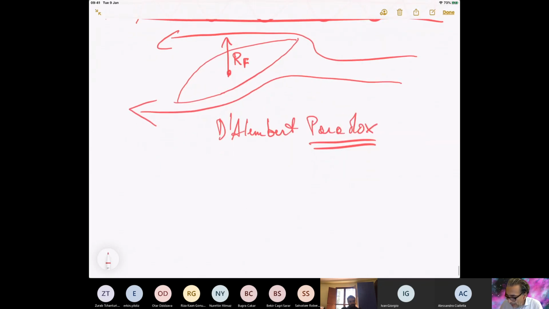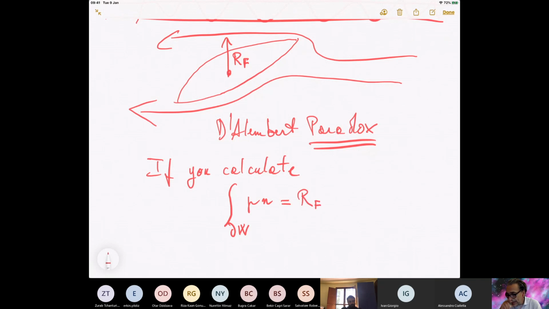However, if you calculate the integral over the boundary of the wing of P n, which is the resultant force applied to the wing by the fluid, you get 0.